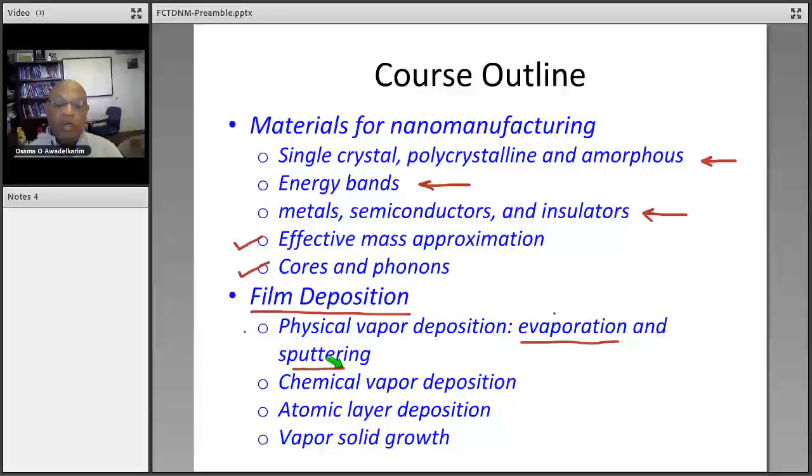Then we will move on to chemical vapor deposition schemes or methods, followed by atomic layer deposition, and then the vapor solid growth methods. So these four main deposition processes will be discussed in details in this course.